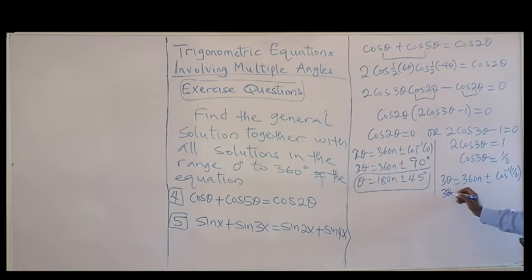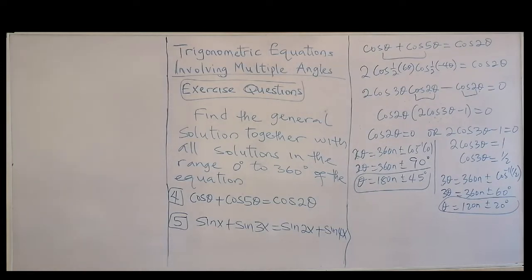So 3 theta equals 360 n plus or minus 60. Then you can divide through by 3, so we have 120 n plus or minus 20. So these are the general solutions for this question.